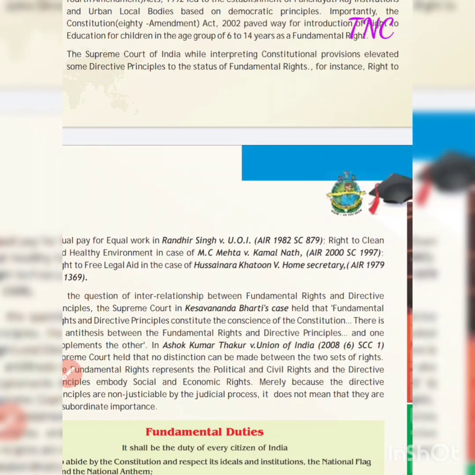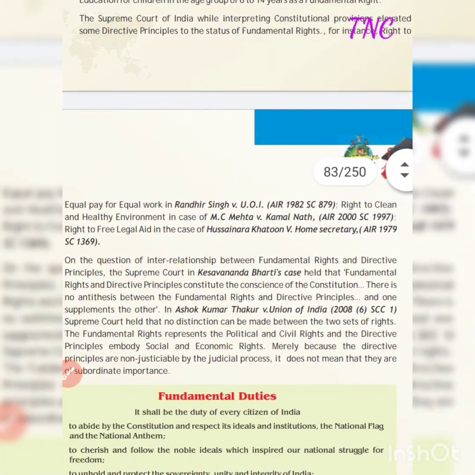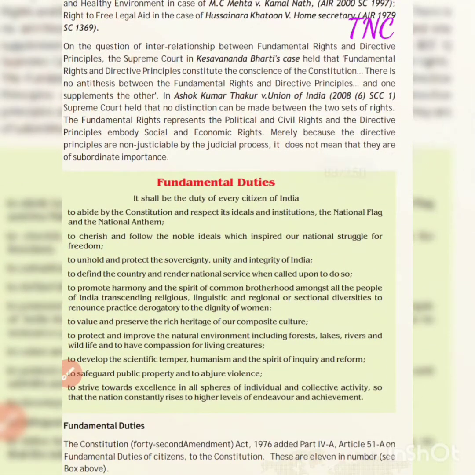Supreme Court, while interpreting constitutional provisions, elevated some DPSPs to the status of fundamental rights. So Supreme Court in various cases they came to the idea that some DPSPs can be promoted to the status of fundamental rights, like right to equal pay for equal work in Randhir Singh versus Union of India, right to clean healthy environment in MC Mehta versus Kamal Nath, right to free legal aid in Hussainara Khatoon versus Home Secretary.